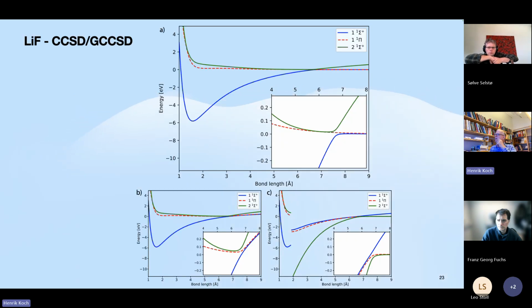So how does this method work then? Well, here you have some examples for lithium fluoride. So lithium fluoride, when you try to dissociate that, then there is a conical intersection at very long distances. You have a crossing between the first excited state and the ground state.